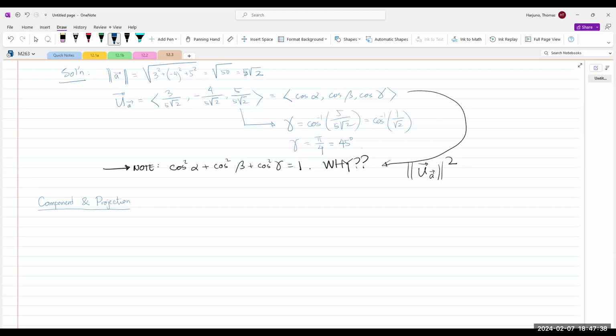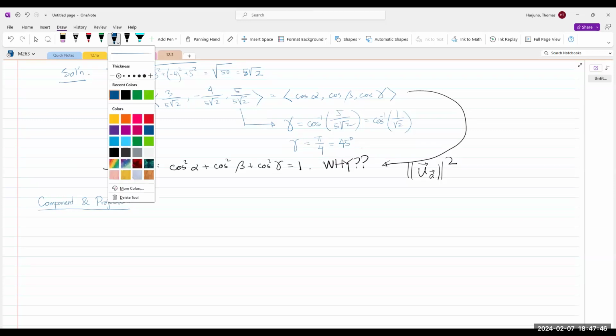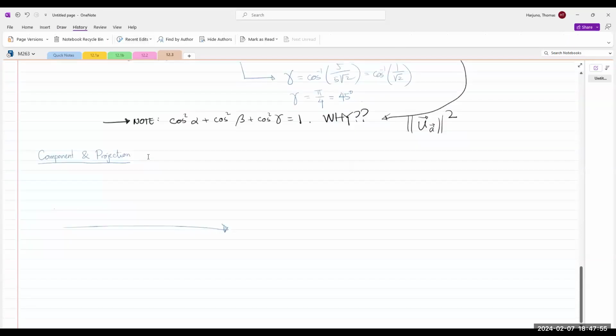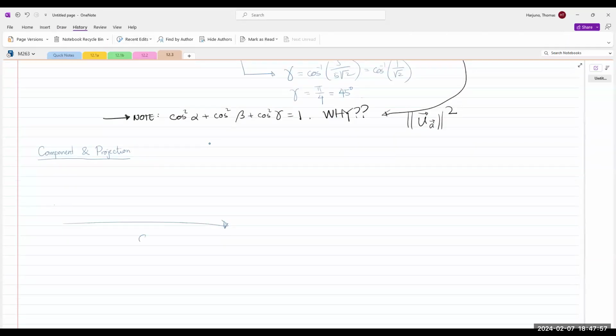Okay. Now, component and projection will be seen as follows. Suppose I have vector A. Follow me in writing, in graphing, because this may be a bit complicated.